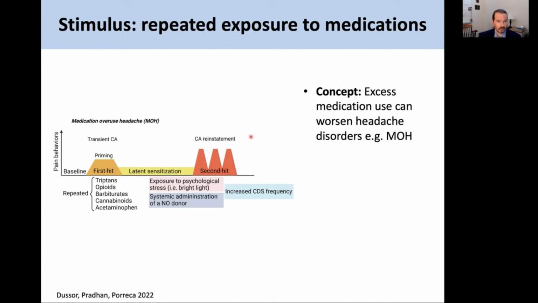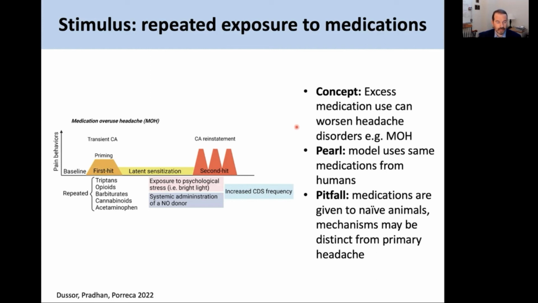The concept here is that we know that excess medication use can worsen headache disorders and cause medication overuse headache. The pearl here is that we can use the exact same drugs that are used in humans, the same triptans, the same opioids. The pitfall is that the medications in these models are typically given to naive animals that don't actually have headaches, so those mechanisms might be different than the mechanisms of the headache itself.